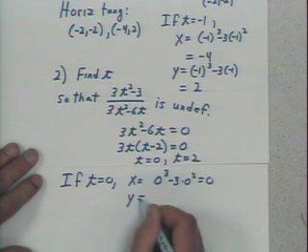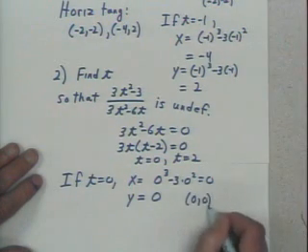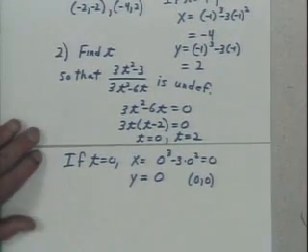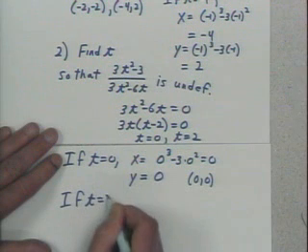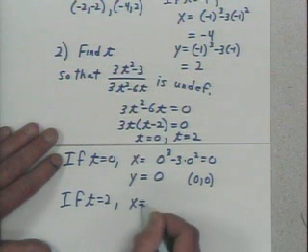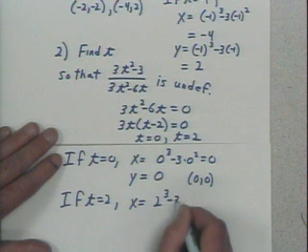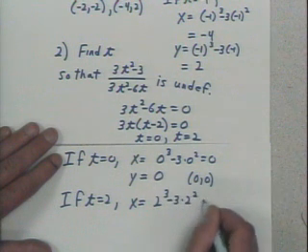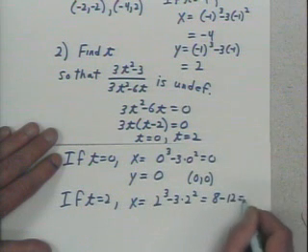What about y? That's the same thing. So it looks like you ought to have a vertical tangent at 0, 0. Okay, you also get one when t is 2. T equals 2, x is going to be 2 cubed minus 3 times 2 squared. That's 8 minus 12, which is minus 4.